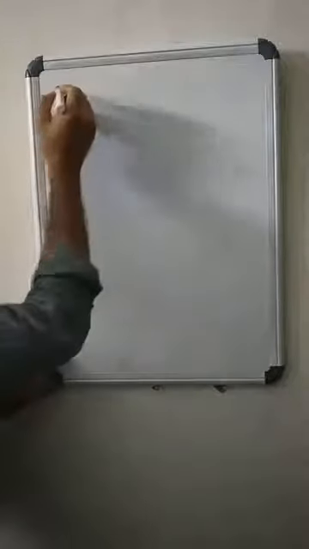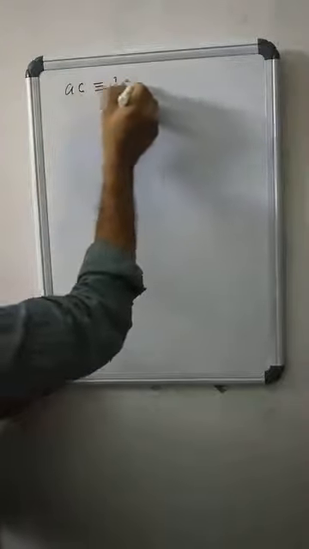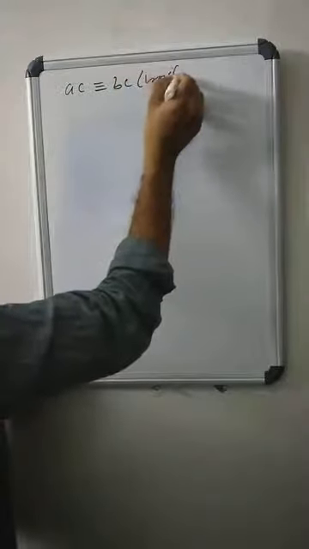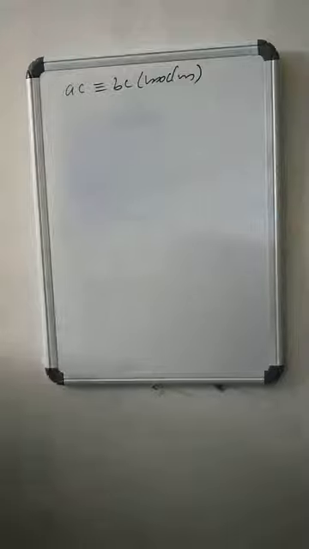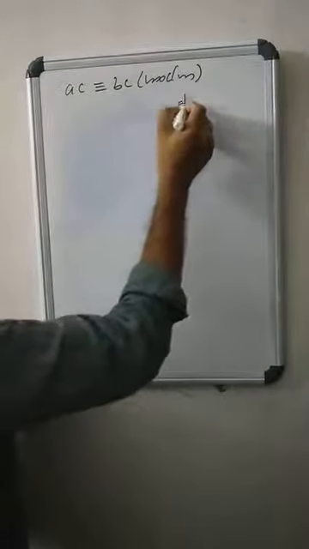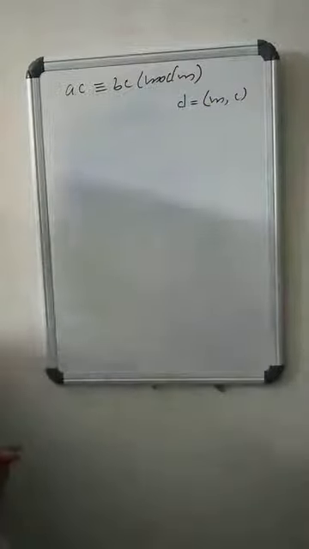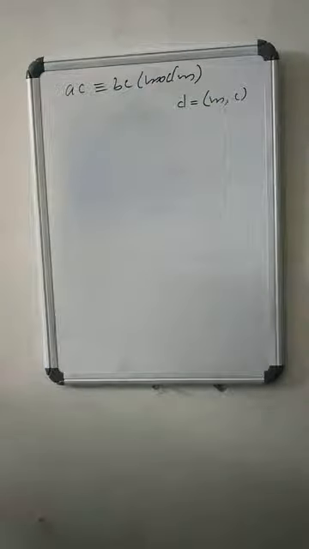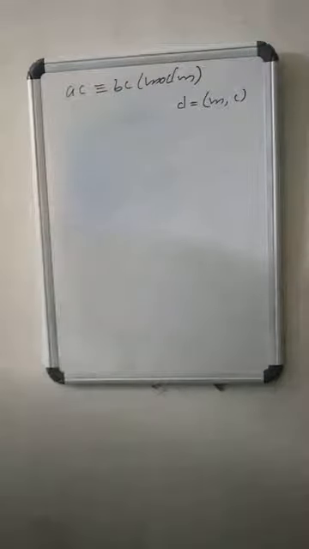If AC is congruent to BC mod M, and let D be the GCD of M and C. Here M means the modulus and C is the common factor on both members of the congruence.